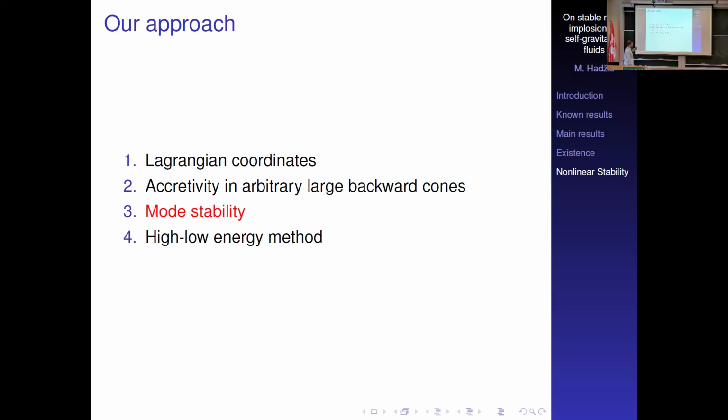So we use Lagrangian coordinates. And this discussion of accretivity that I just mentioned, which has to do with the semi-group decay properties in backward light cones, actually, because of the monotonicity properties of the Larsen-Penstone profile, can be proved in arbitrary backward cones. So this cone can be fixed to be as wide as you want. That plays a role because it simplifies the way you think about stability.